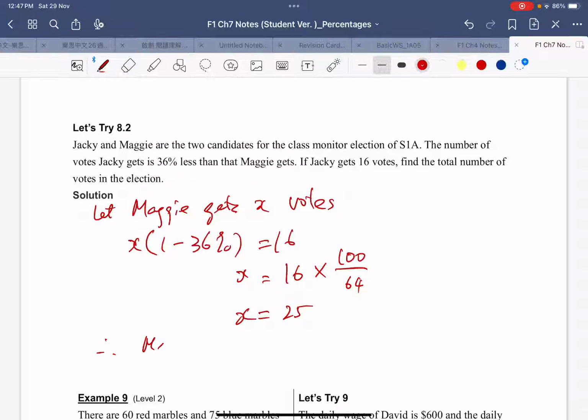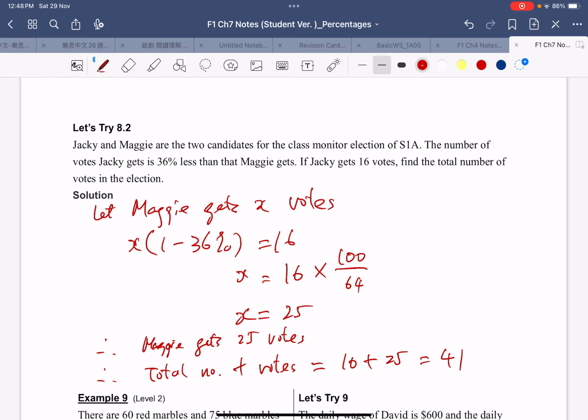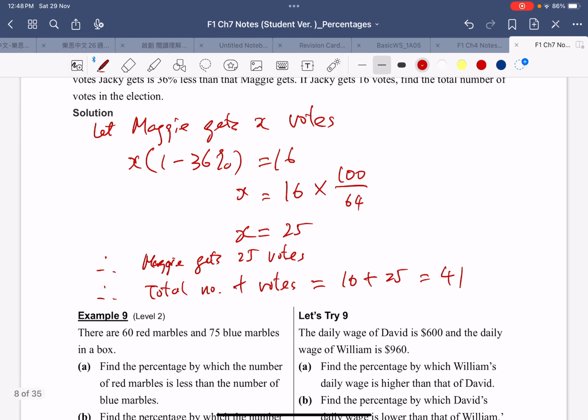Therefore, Maggie gets 25 votes, and then the total number of votes in the election, of course, 16 plus 25 gives you 41. Right?